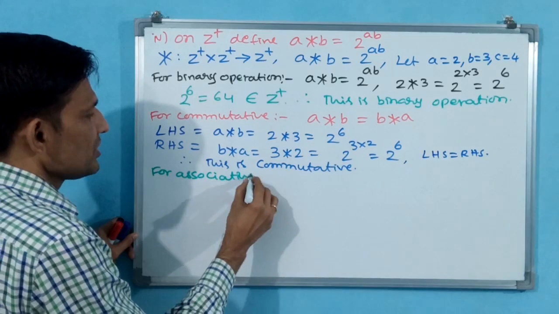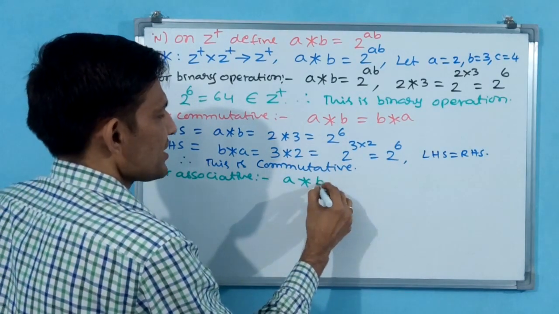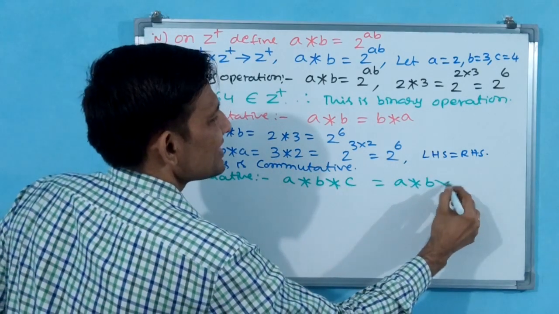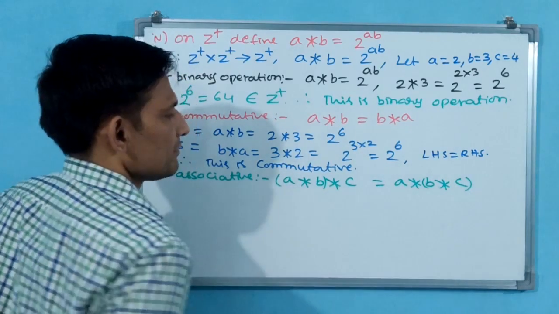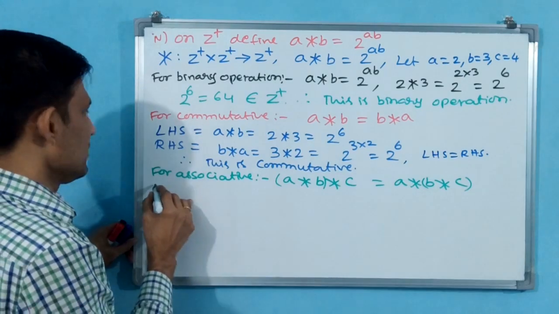For associative, what will be the property? A star b star c is equal to a star b star c. Here AB, here BC. Only AB we are having, remaining all we have to do.